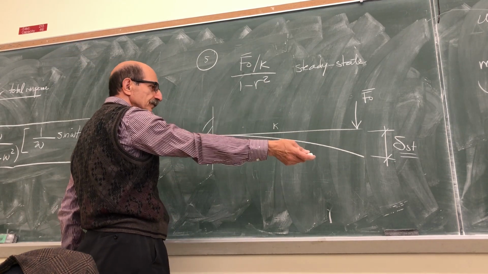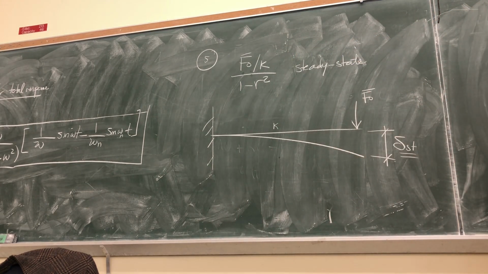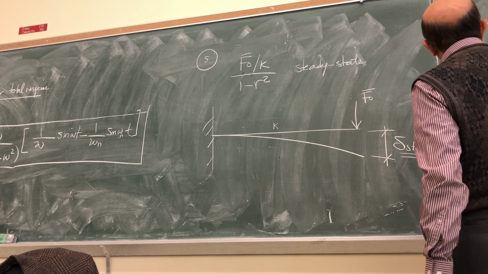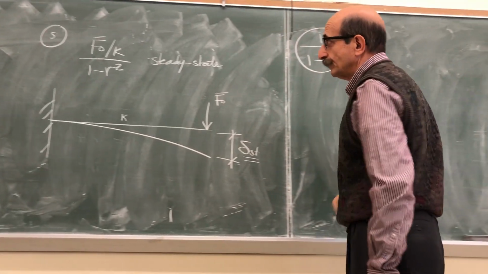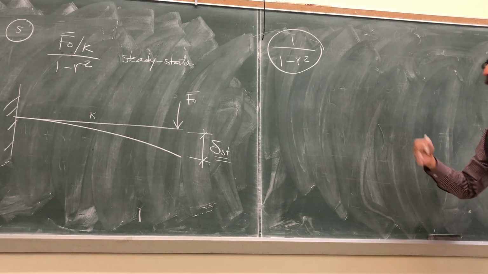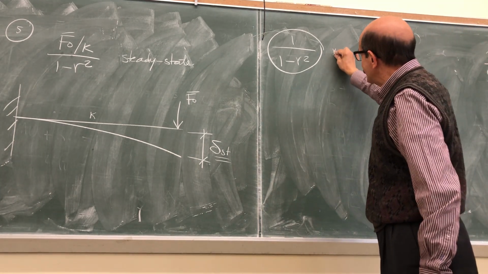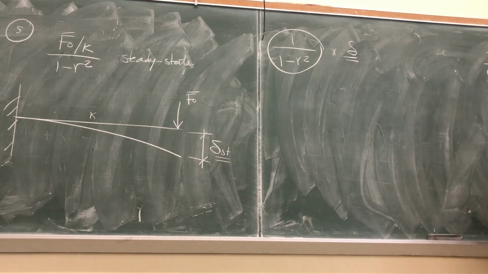What that means is this, which is a very interesting observation. That means 1 over 1 minus r squared is changing the static displacement by this magnitude.